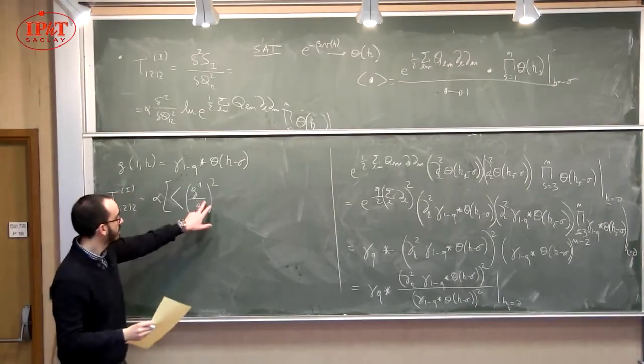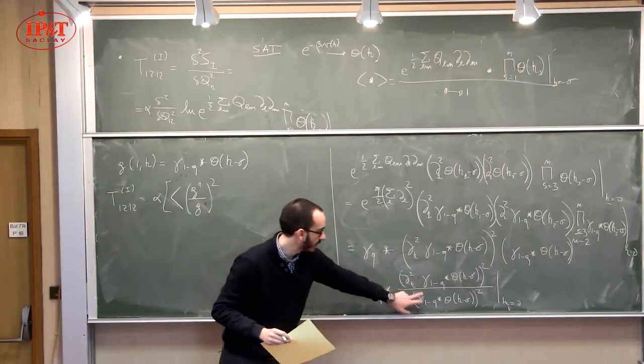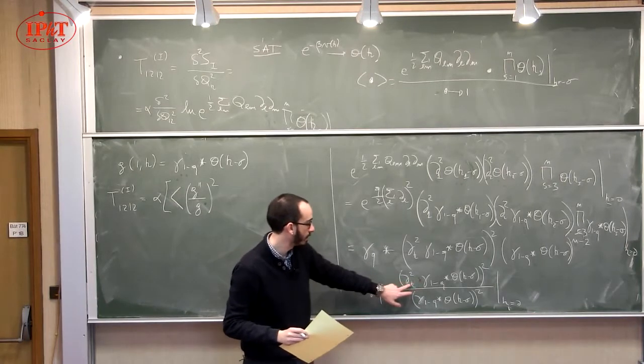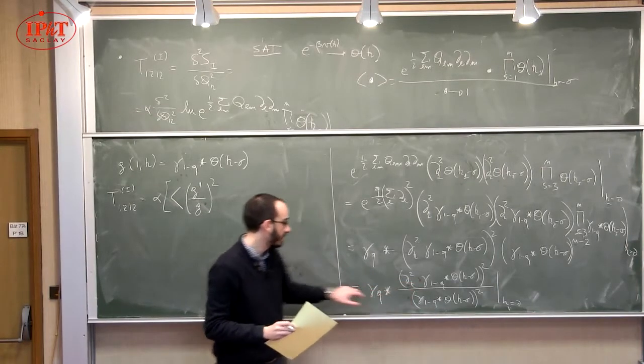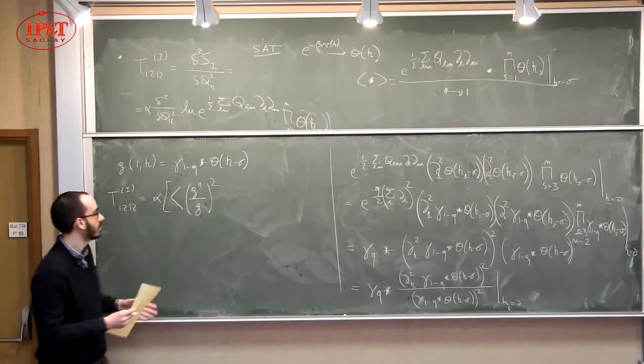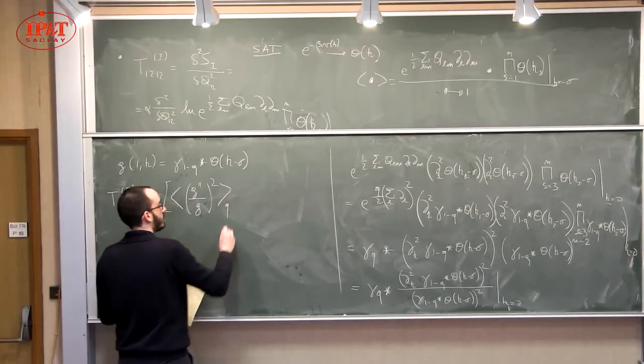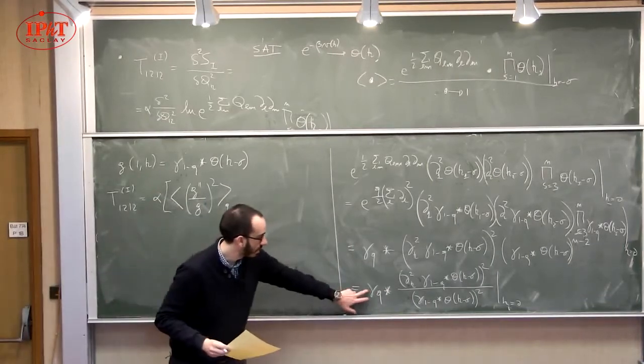This is exactly what we computed right now, right? So it's the second derivative with respect to h divided by the same function, squared. And this average is just this Gaussian integral here.